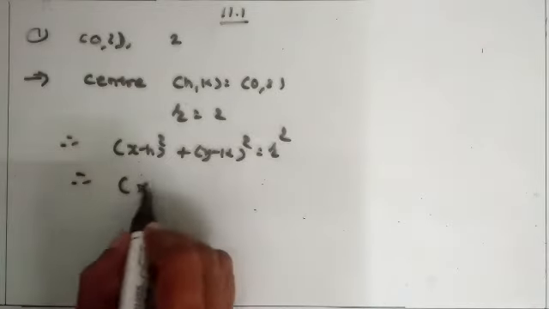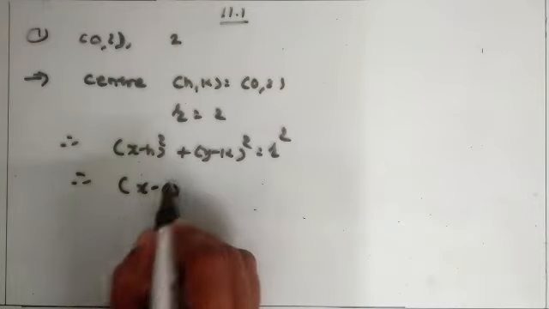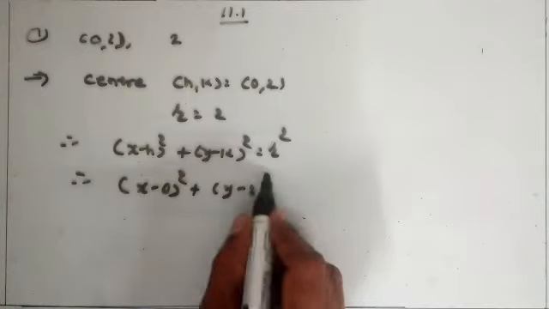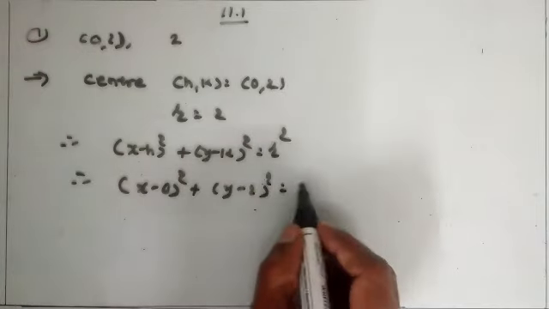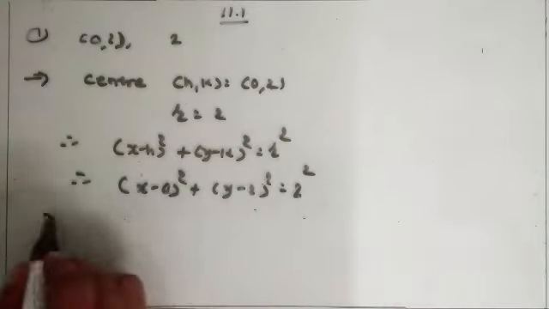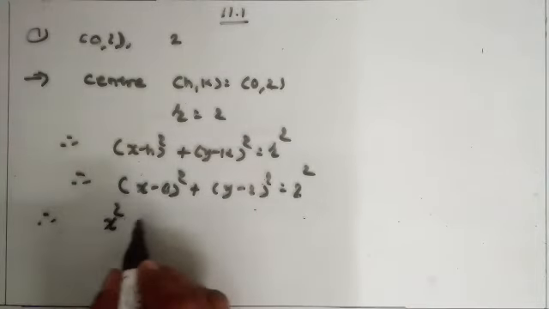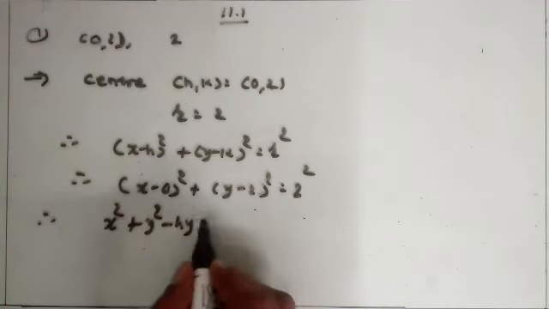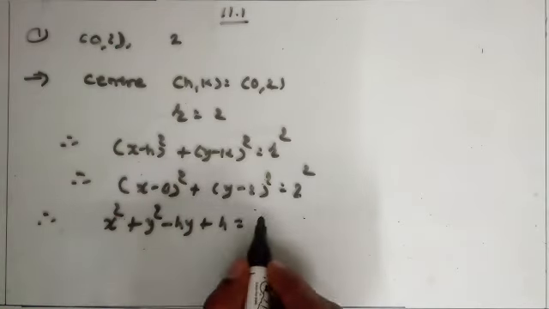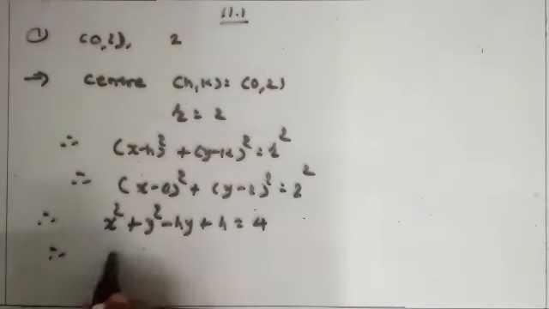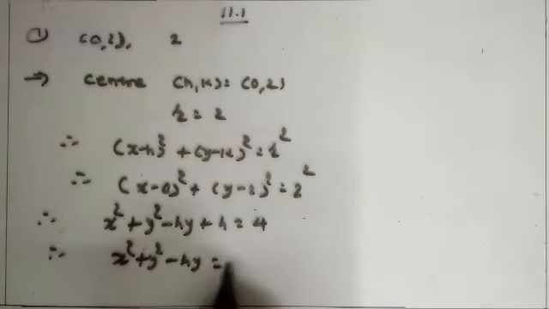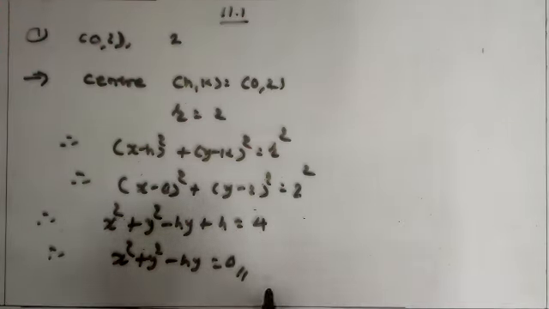So (x minus 0) square plus (y minus 2) square is equal to 2 square. Now simplify this, we get x square plus y square minus 4y plus 4 is equal to 4. So we get the equation of the circle: x square plus y square minus 4y is equal to 0. Clear? 4 cancels from both sides.